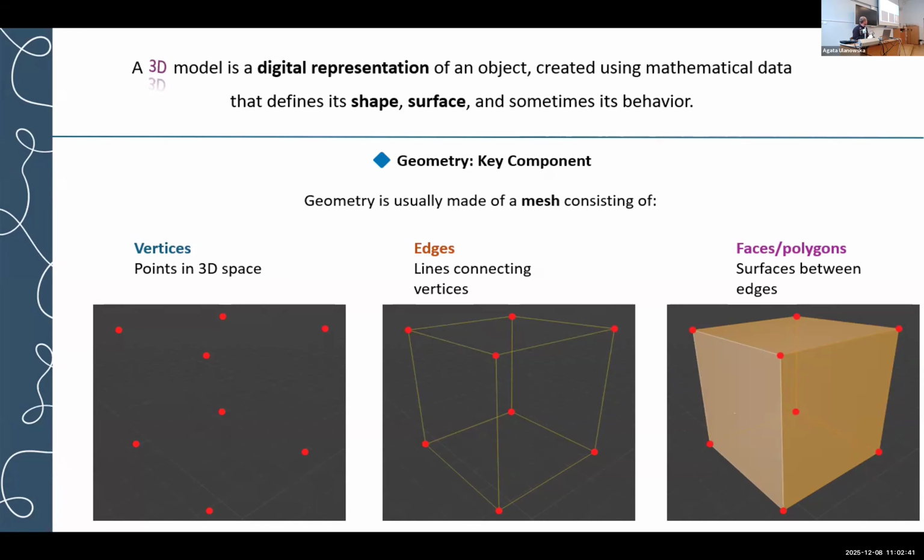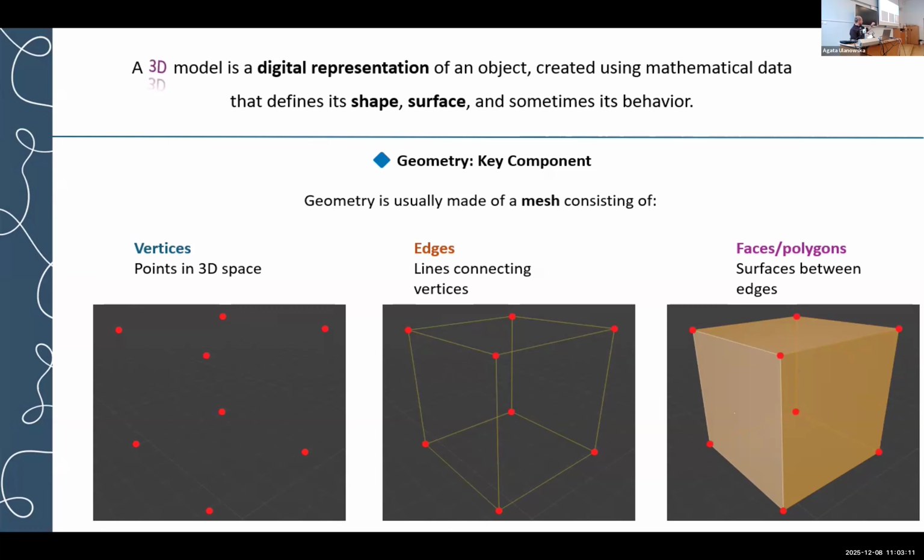And geometry in 3D modeling is usually made of a mesh, and a mesh consists of vertices, edges, and faces. So to create a 3D mesh, you need some single points in three-dimensional space. Every point is described with three coordinates: the X coordinate, Y coordinate, and Z coordinate. And those three numbers define where the point is in the 3D space.